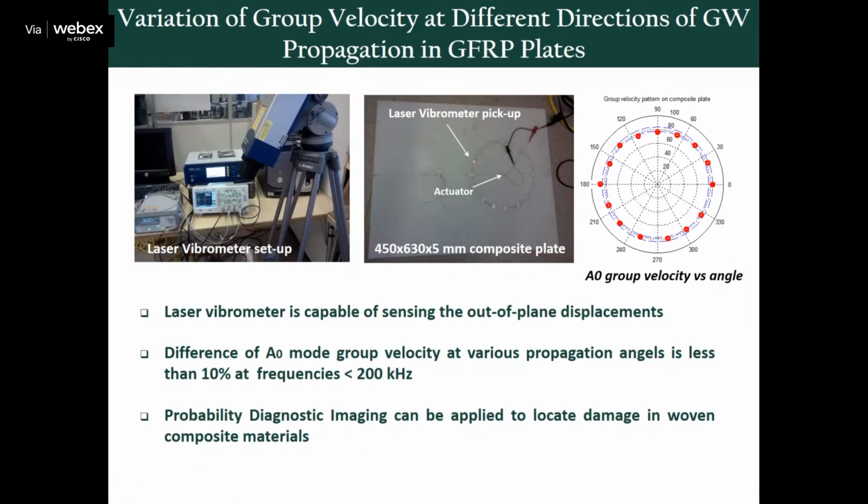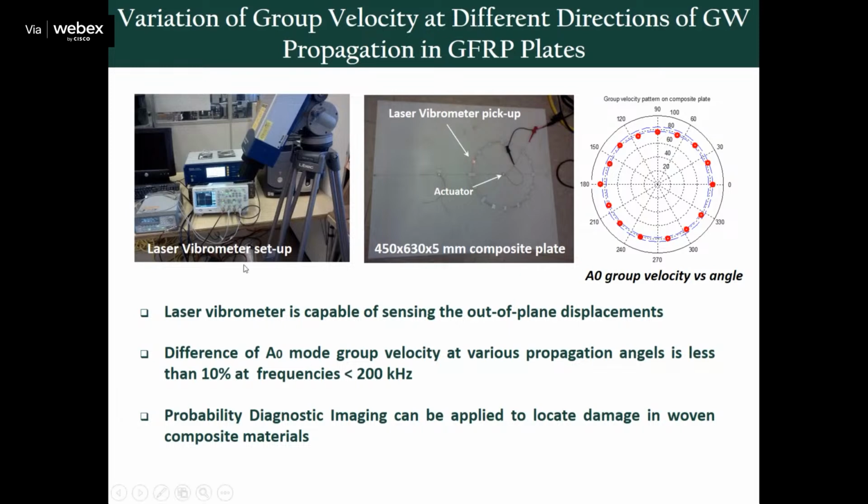This shows you the setup, and you've already seen some similar concepts in our phased array technology, where we can have an array to pick up the signals from the actuator. This is a simple demonstration, and we use the laser vibrometer to sense the out-of-plane displacement in a non-contact way.